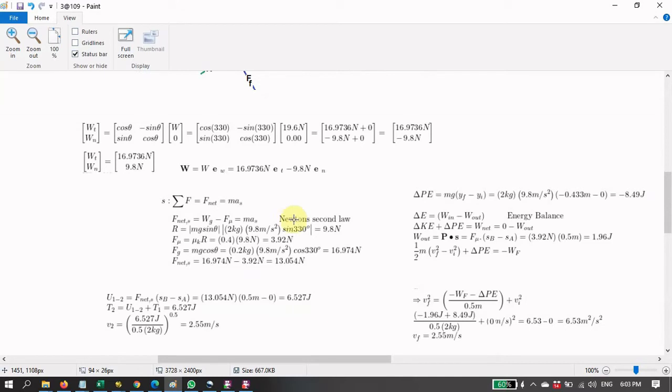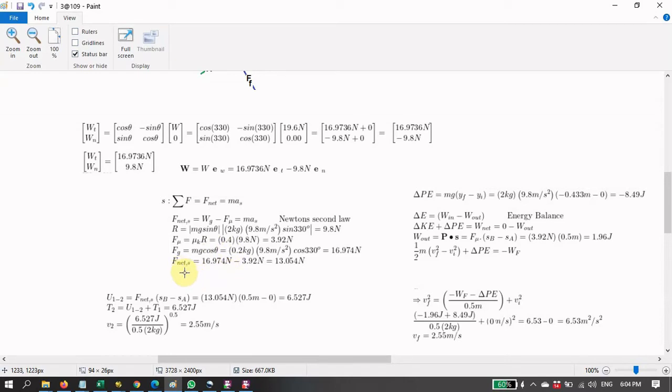So based on Newton's law, we can calculate the reaction force, which is 9.8, acting in the positive normal direction, and then we have friction, which is opposing the motion of the particle, which is 3.92 newtons. The weight component here refers to the component of weight along the tangential direction.